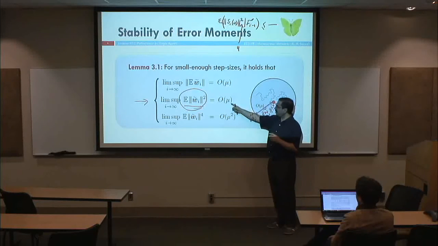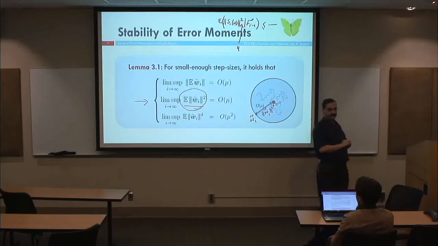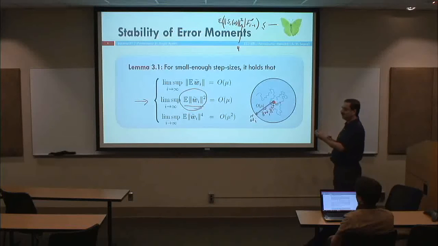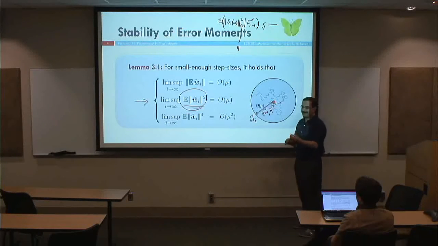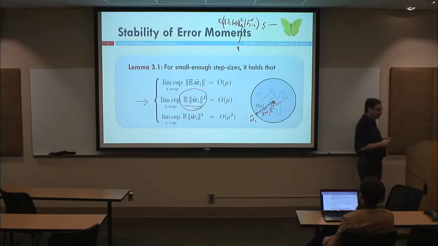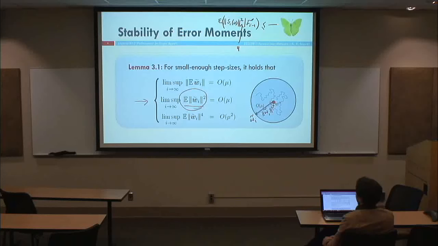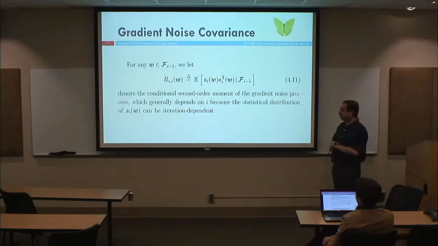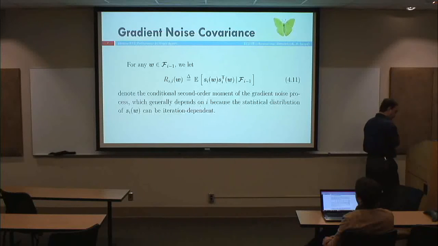Of the order of mu means it's some multiple of mu, and we would like to know more specifically the exact expression for the mean square error variance on the right-hand side here, because if I know that value, then I will be able to specify more accurately the performance of the algorithm, and with an expression like that, I will be able to compare different algorithms against each other and say which ones deliver better performance. Okay, so this is what we did 2 lectures ago. Now, in the last lecture, I introduced some notation.